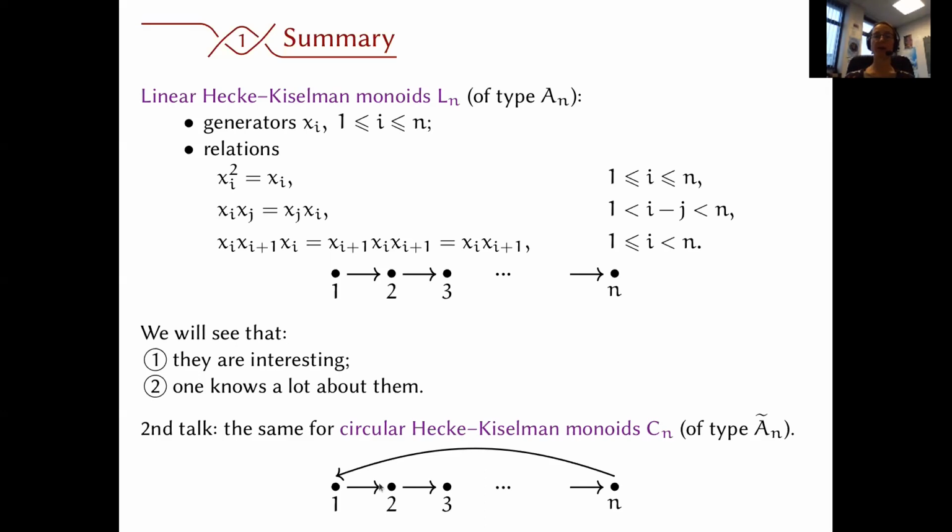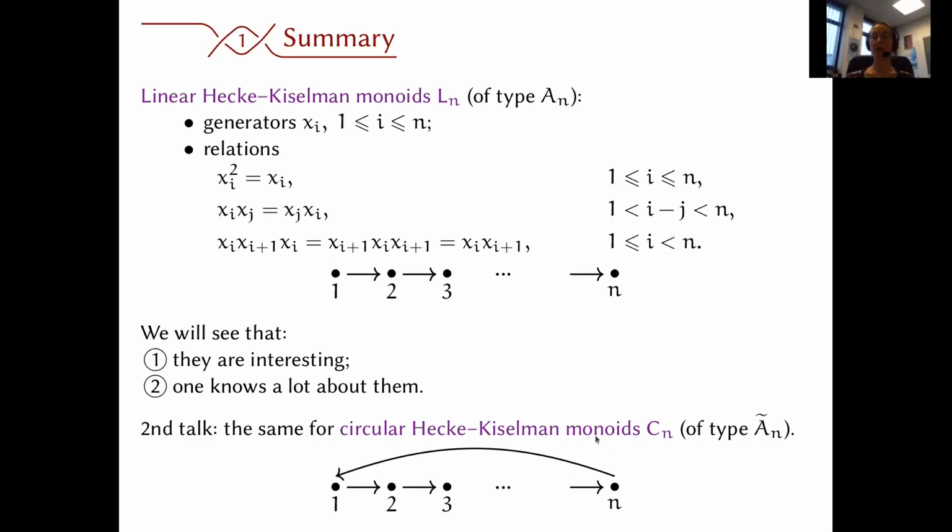where I'll talk about the big brothers of these monoids I have just defined, the ones corresponding to circular graphs. So I will call them circular Hecke-Kiselman monoids, and they will be very similar. Just instead of one commuting relation, you will have one relation of the third type, because the vertices 1 and n now became neighboring because of this one additional arrow.